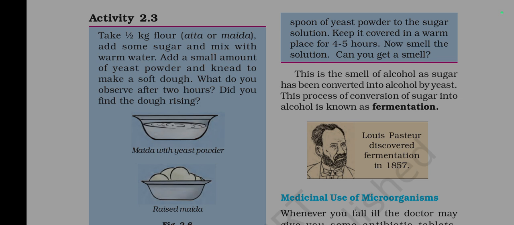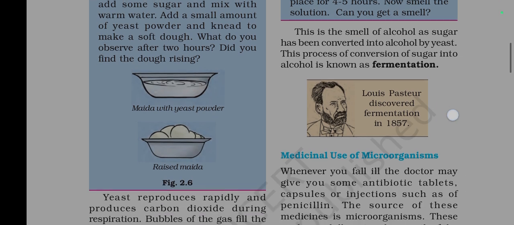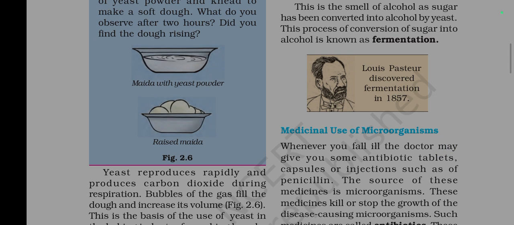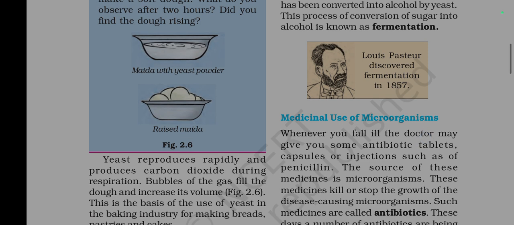So with the help of yeast we are converting sugar into alcohol. This process is called fermentation. Louis Pasteur discovered fermentation in 1857.